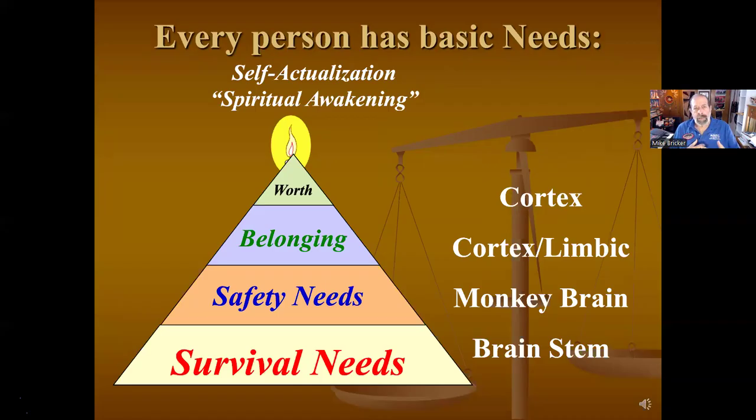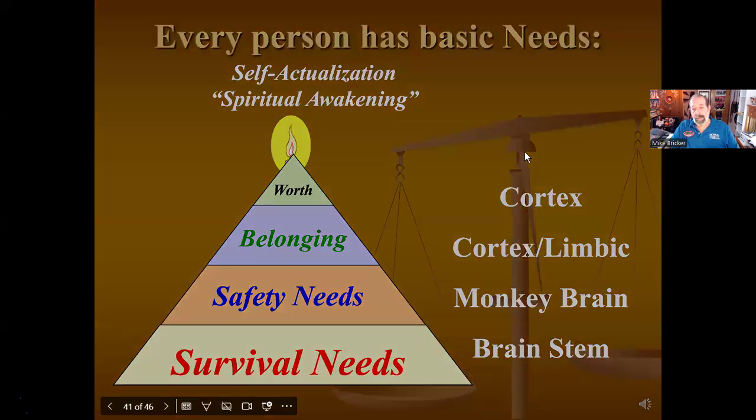These needs are building blocks within the brain. And so that's one of the reasons why any good recovery program of any kind is going to incorporate these elements, because they're all about healing the brain.